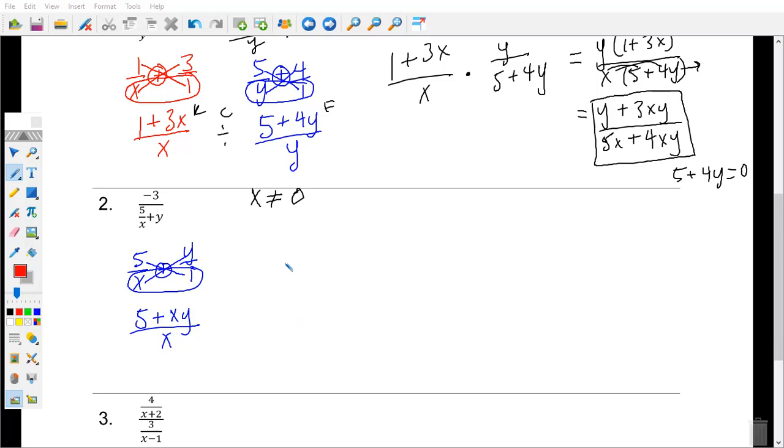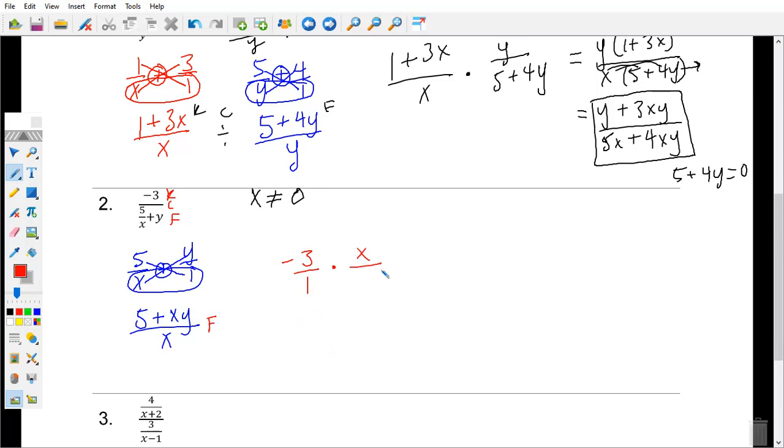Okay, so the problem is we have negative 3 over 1. We're going to keep, change, and flip, right? We change the division to multiplication, and we're flipping this fraction.